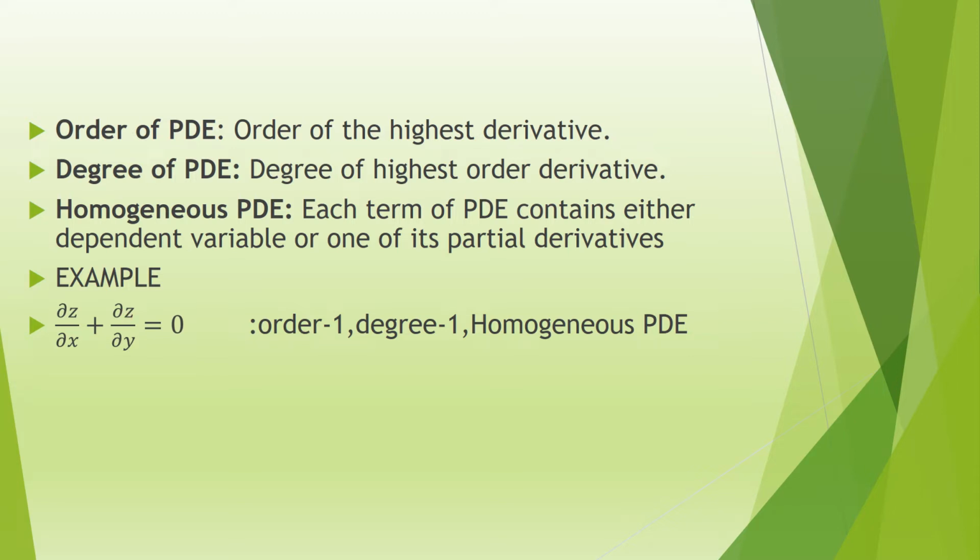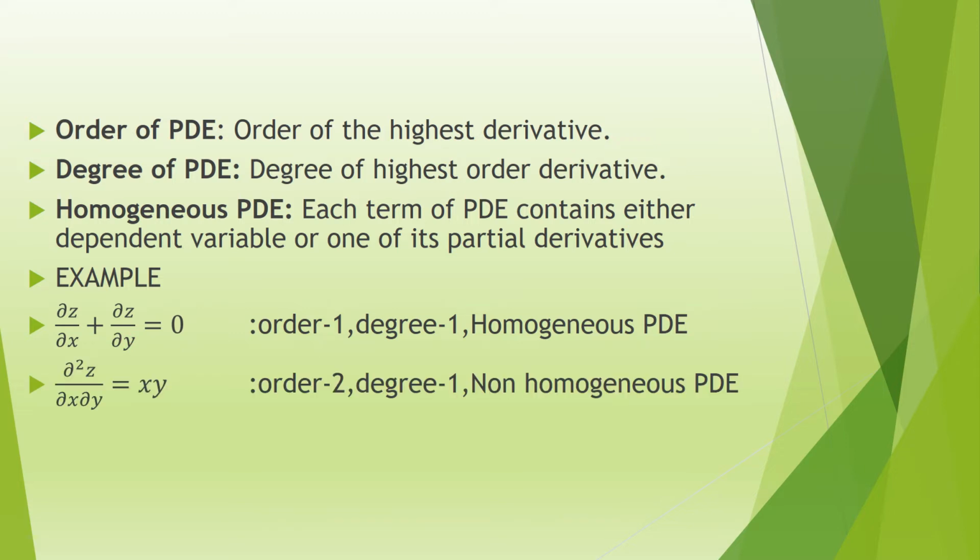The power of this first order derivative is 1, so its degree is 1. In the first expression, dou z by dou x, we have only the independent variable x in the denominator. In the second expression, dou z by dou y, we have only one independent variable in the denominator. So it is a homogeneous PDE.